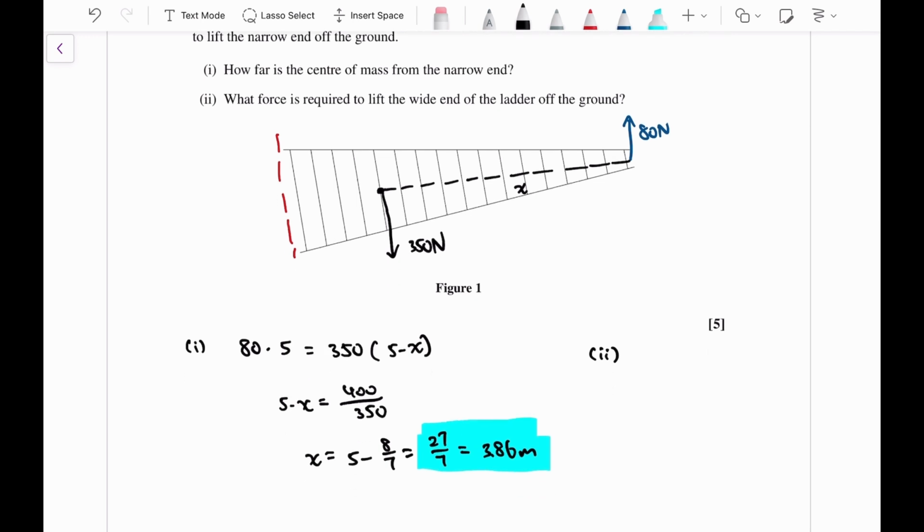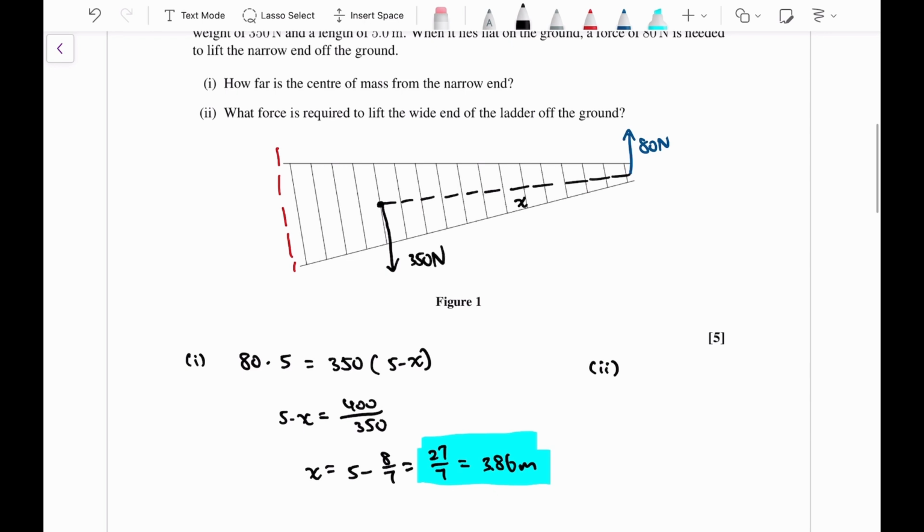What we can do is set up another equation that considers the equilibrium of moments. However, it's around this pivot, and then there will be some force acting upwards this way, and we can call that force F. So basically, F times the length of the ladder is equal to 350 newtons times the distance from the pivot, that will be 27 over 7.